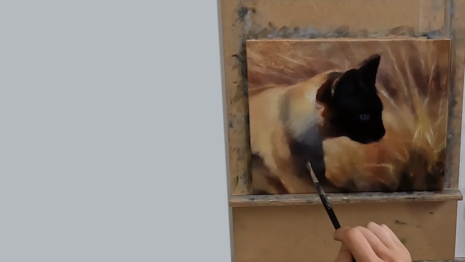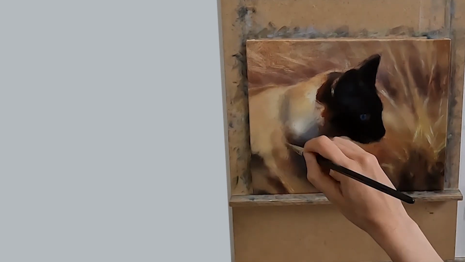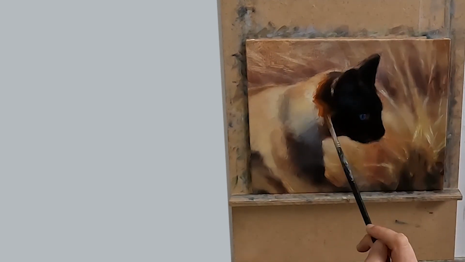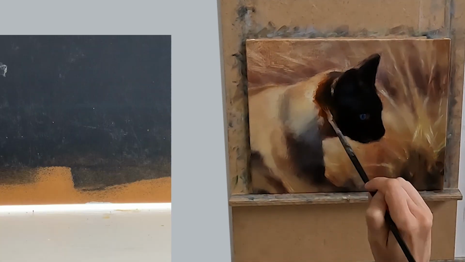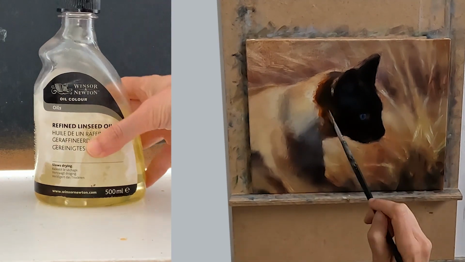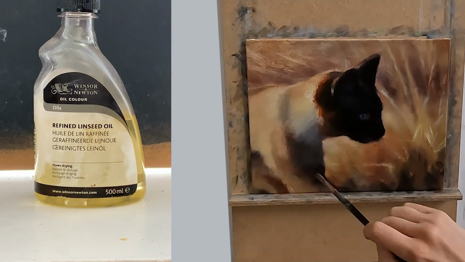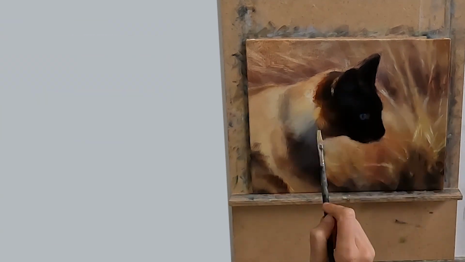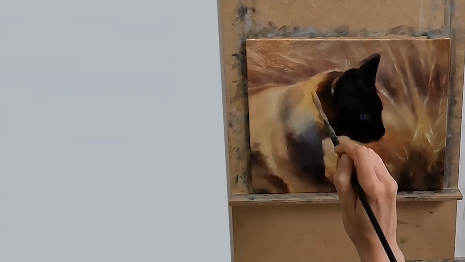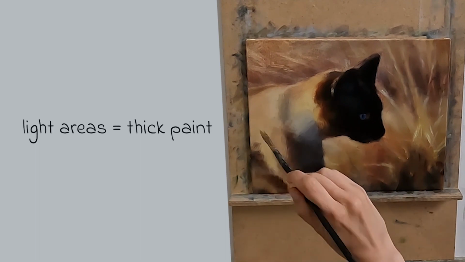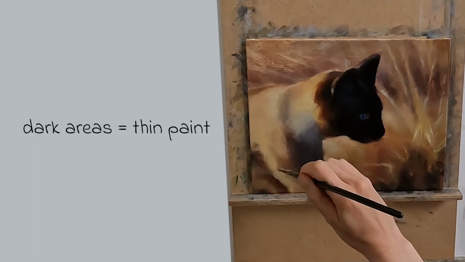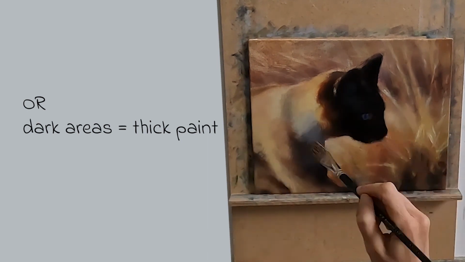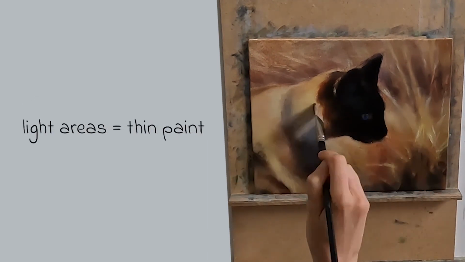When I talk about thicker paint, you can use mediums to help the paint flow better if you are naturally a thin painter. I use linseed oil to make my paint a bit more pliable. If you are unsure of where to have your thicker paint and thin paint, a simple rule to follow is to either have your lighter areas thicker and your darker areas thinner, or to have your darker areas thicker and your lighter areas thinner.